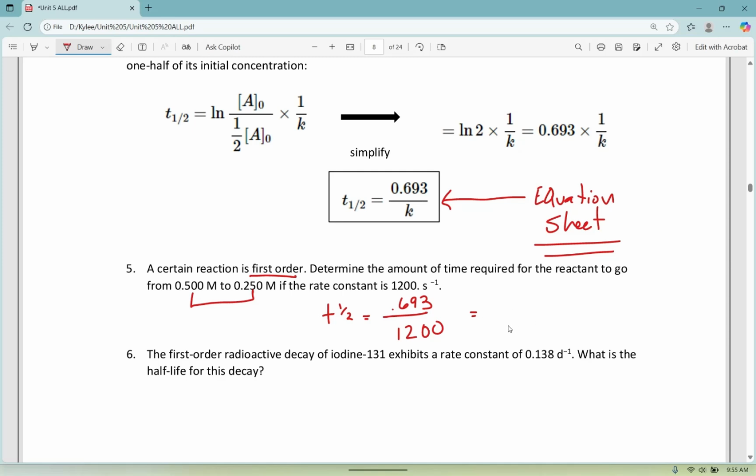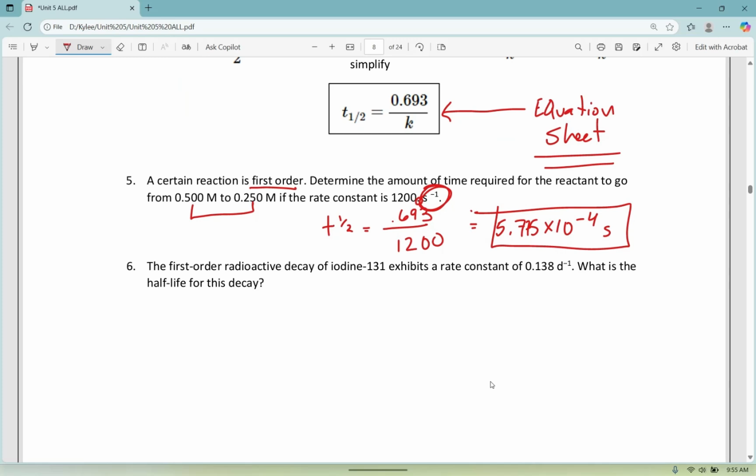No, 4 sig figs, excuse me, because this problem wants me to keep 4. I get 5.775 times 10 to the negative 4th, and that would be in seconds. How did I know it was seconds? Because the value for K is in seconds to the negative 1, so seconds would be my label there.